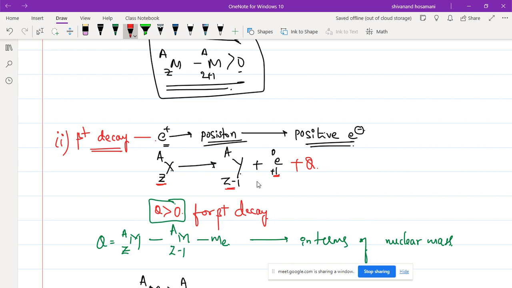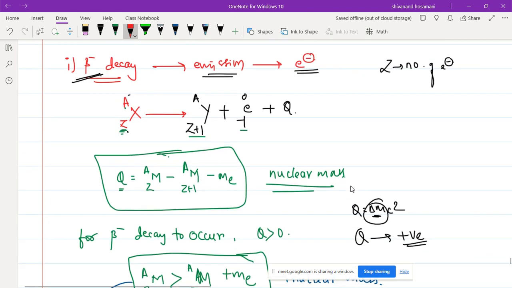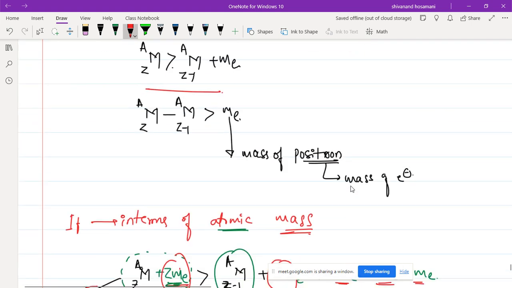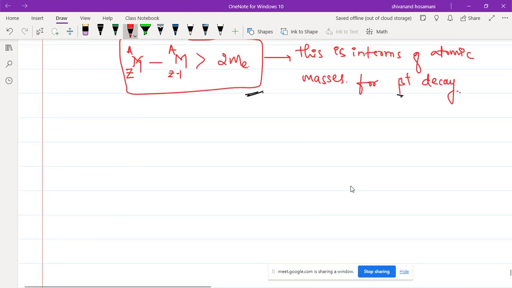So the total Z on this right side is going to be Z only, which is Z minus 1 plus 1, equal to Z. So if you conserve that, I want to get Z only. Is this clear to all? Then in this case, this is an electron emission, this is positron emission. So that is defined as a positive electron or beta plus. Done with this?